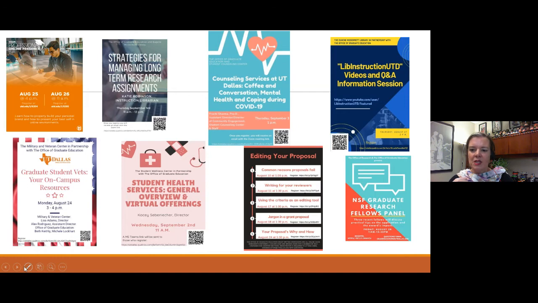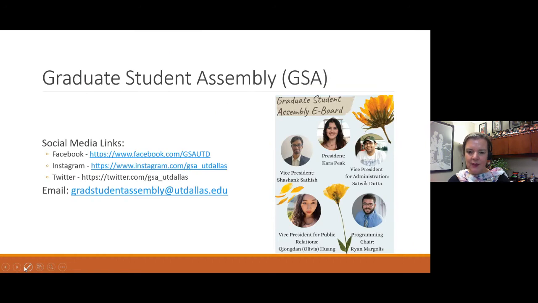And then we've got some specific things like managing long-term research assignments. So all of these are open to you. They are free and available at different times. Just keep an eye. On our website we have an upcoming events page, we call ourselves OGE, Office of Graduate Education, and you can just look at that occasionally and get an idea of everything that we're doing. All right, next slide, please.